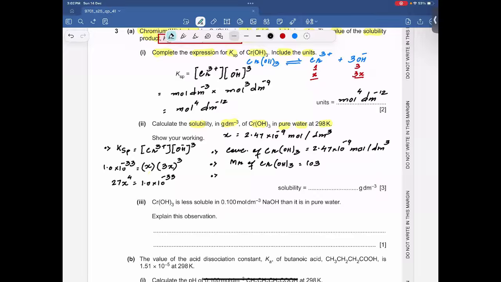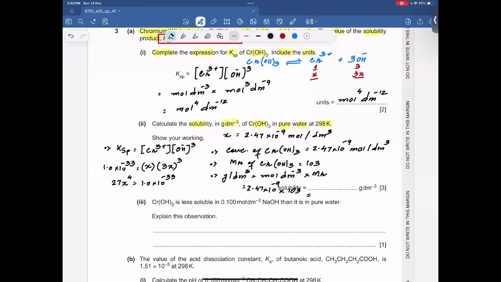So the final answer in gram per dm cube equals to mole per dm cube into MR. Mole per dm cube is 2.47 times 10 to the power minus 9 into MR is 103.